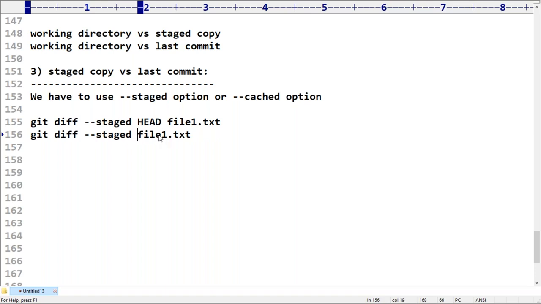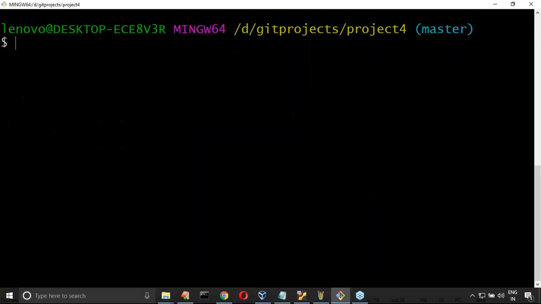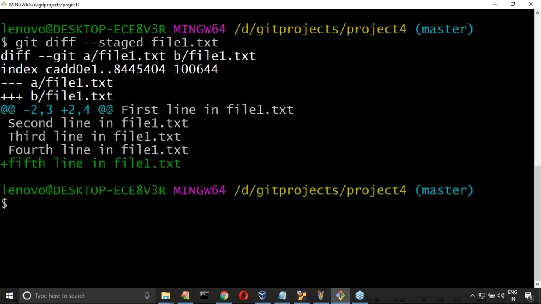Even if you are not mentioning HEAD, it is always going to compare the staged copy with the last commit only. Remember that. Now observe carefully. Yes, am I getting the same output or not?